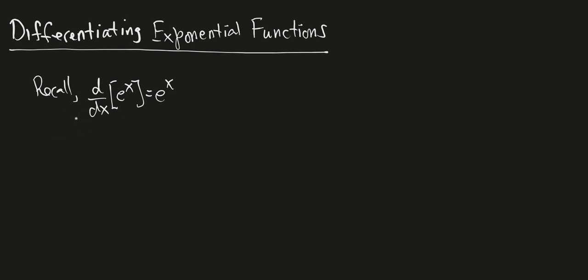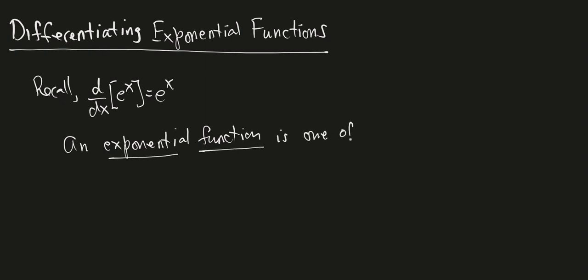So let me first do a little reminder of a couple basic facts about exponential functions from algebra. An exponential function is one of the form y equals a to the x.